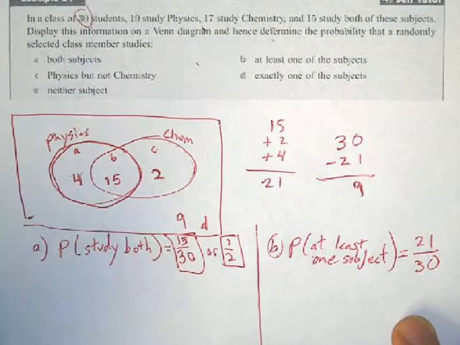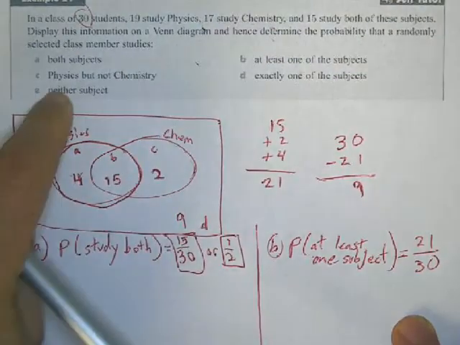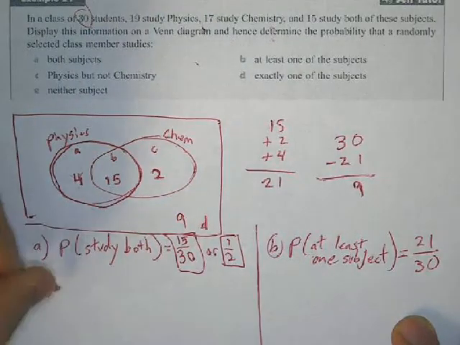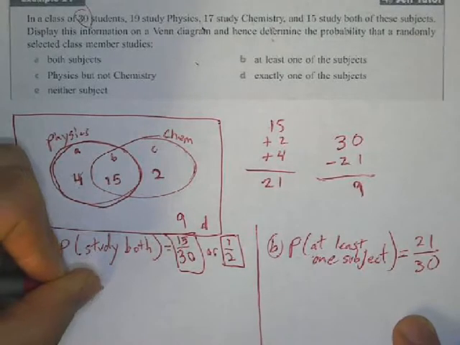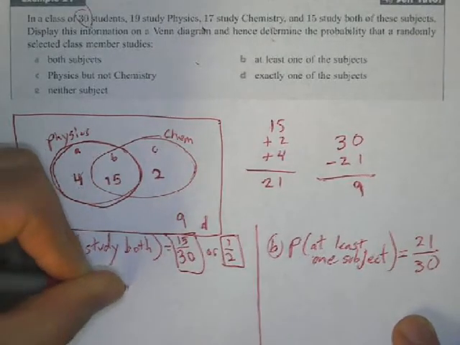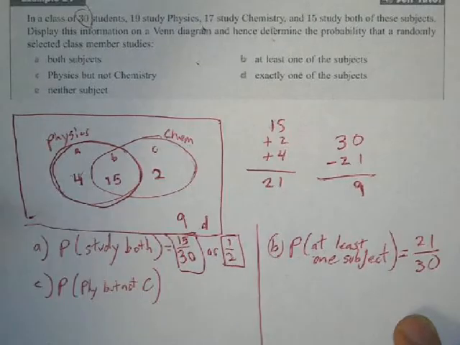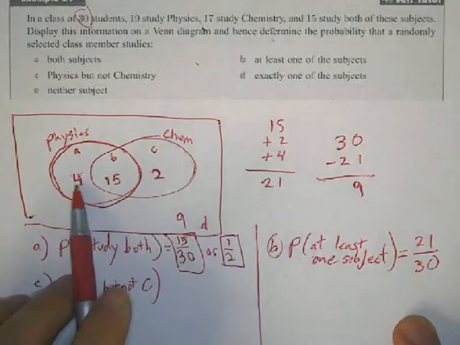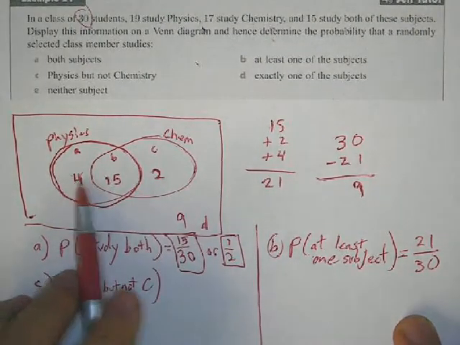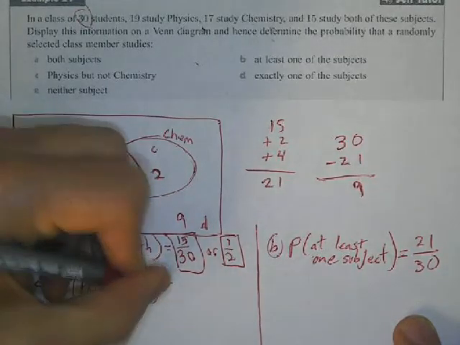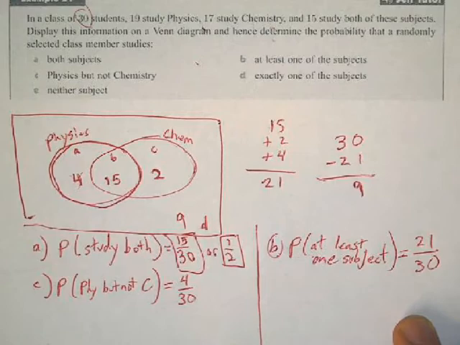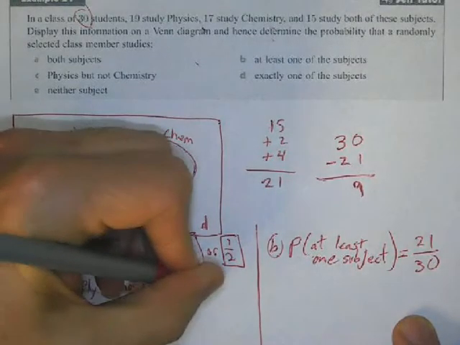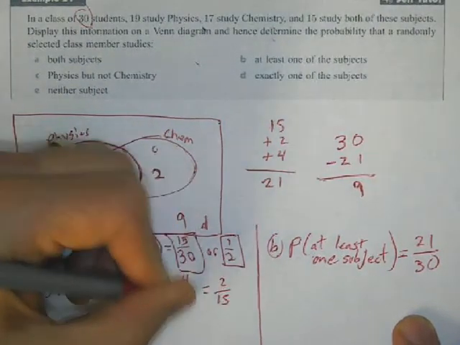Okay, let's look at question C. Physics but not chemistry. There's only 4 that study physics but not chemistry. So that's equal to 4 over 30. We could simplify that to 2/15. Either answer is right.